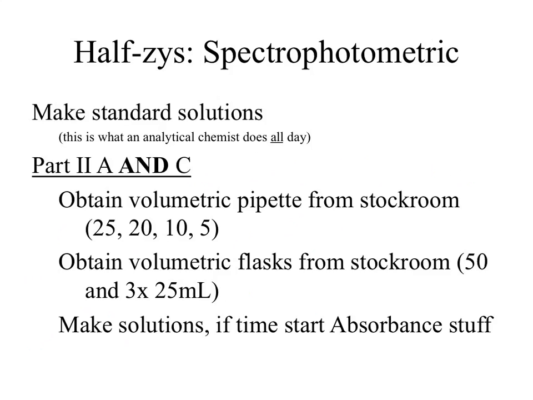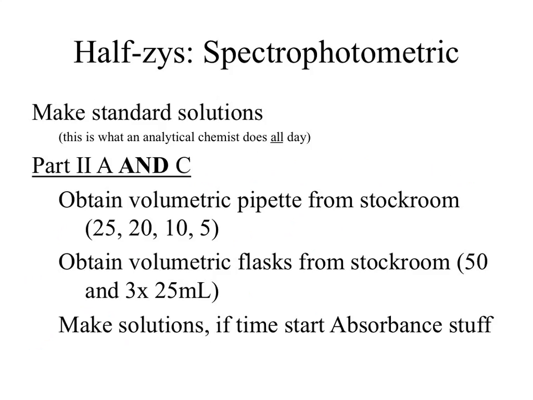Would we expect our compound to absorb any light there? Probably not. Which means, what's the absorbance at that value? 0. What happens if we change the concentration? It's still 0.